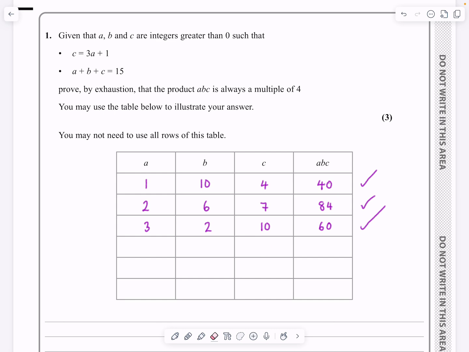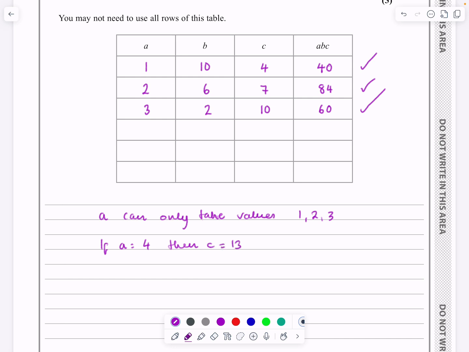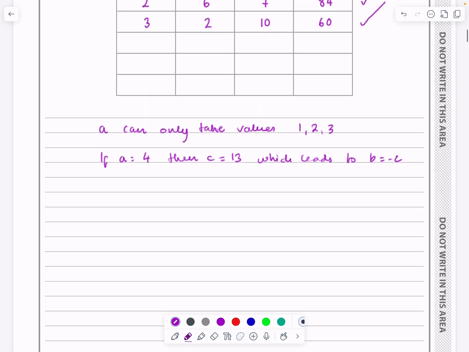What I'm going to do, just in terms of the examiner, is explain that to the examiner. So A can only take values 1, 2, and 3. If A equals 4, then C equals 13, which leads to B equals minus 2, which is not an integer.